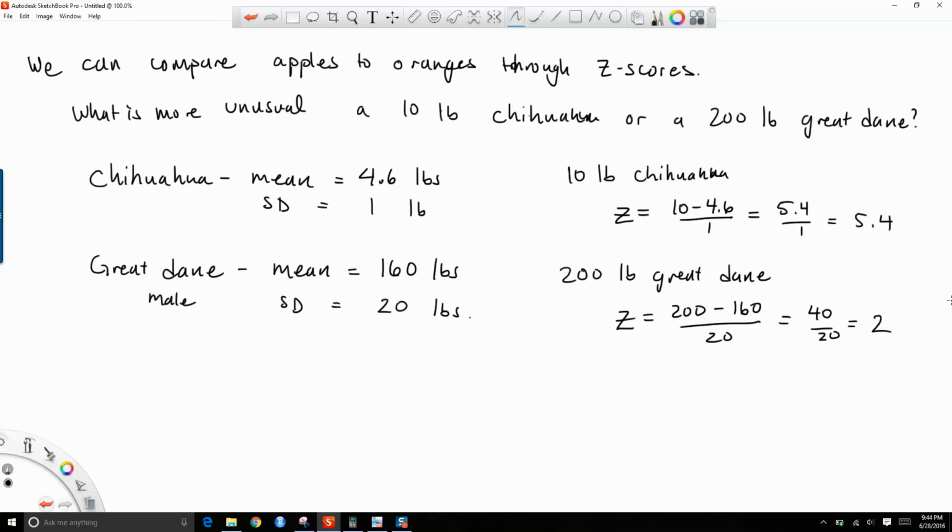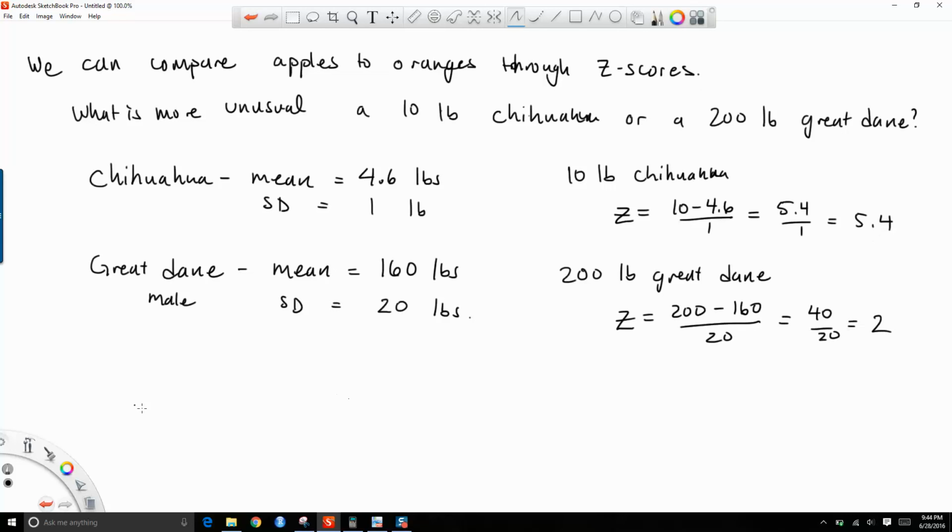And so the 10-pound Chihuahua is highly unusual because it's 5.4 standard deviations away from the mean. And that's really, really crazy. Whereas the Great Dane is 2 standard deviations away from the mean, which is unusual, but it's not on the magnitude of 5.